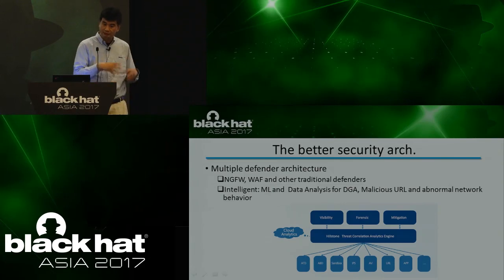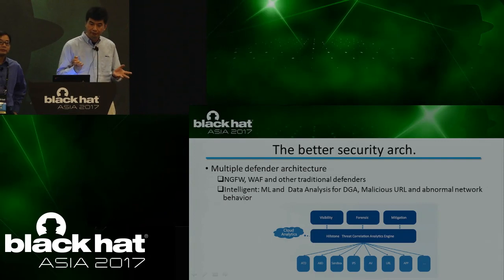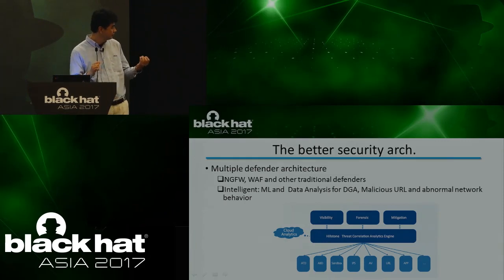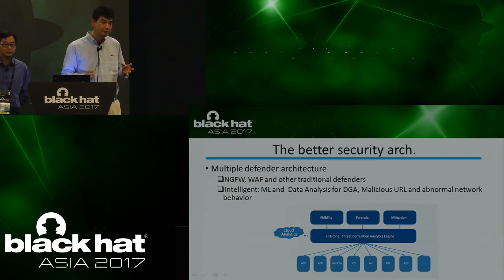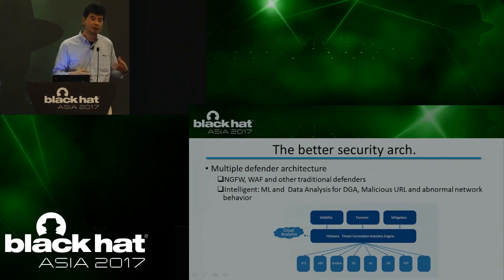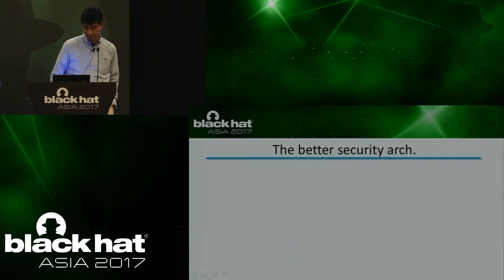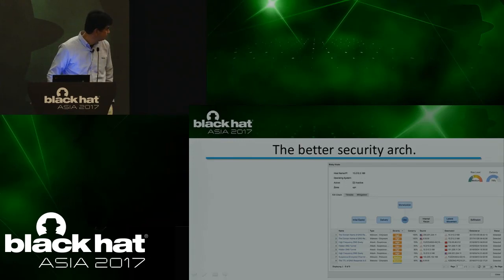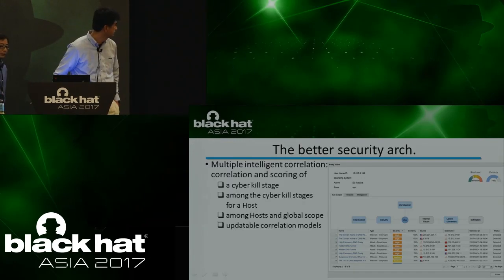In the middle is a whole correlation engine. It will get all the input and produce some output. One output gives full forensic visibility and also mitigation. That's just one system, but in the global system you can do this kind of thing in the cloud. You need an architecture change, or you get a better architecture. This is just one sample, I won't say too much.